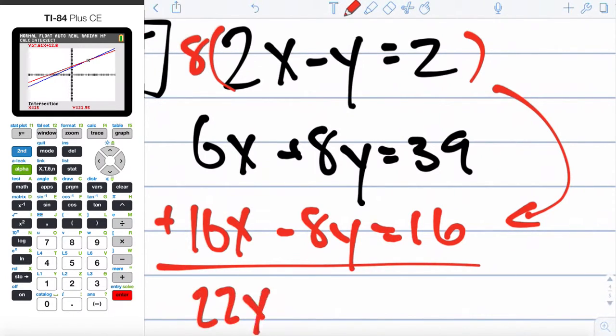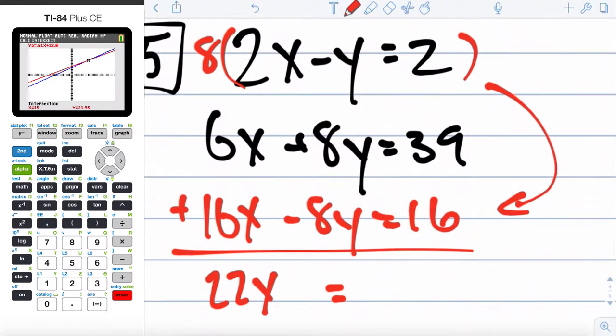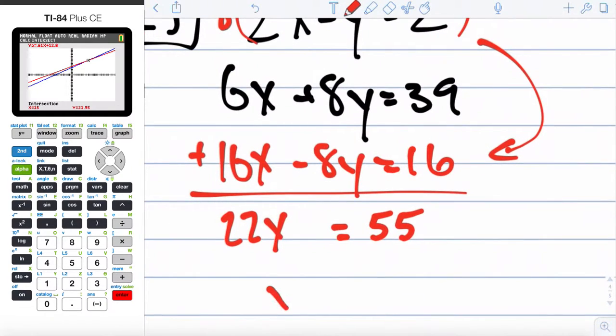I get 22x is equal to 55. So x is equal to 55 over 22.